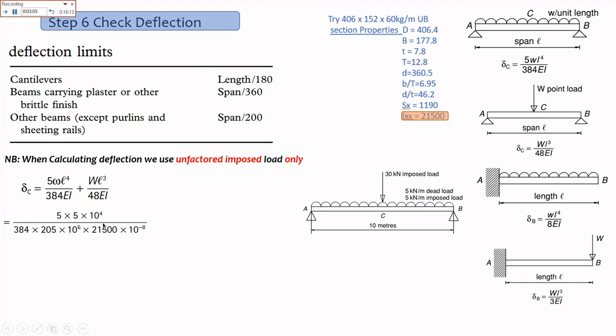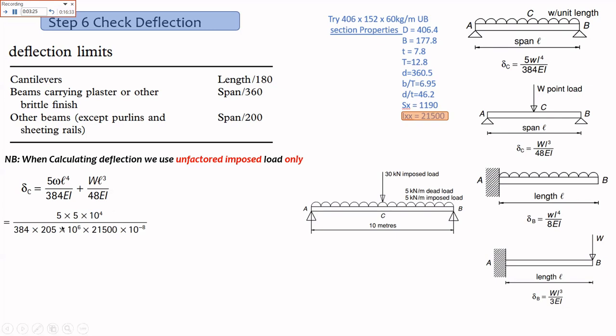We have converted the length to millimeters because we are calculating the section in terms of millimeters. So this 10 raised to power 4 is in millimeters.